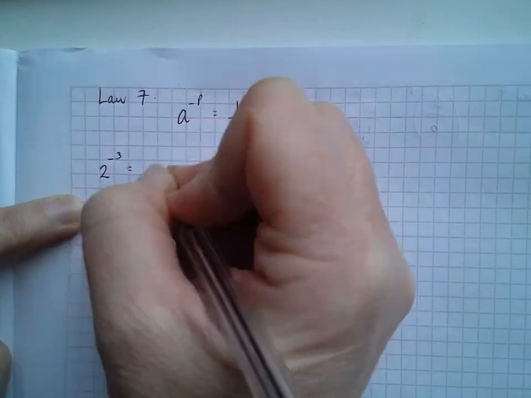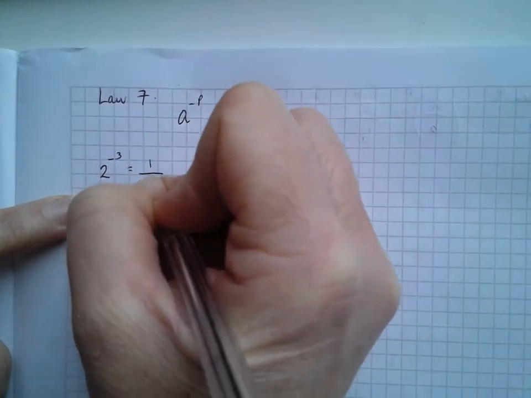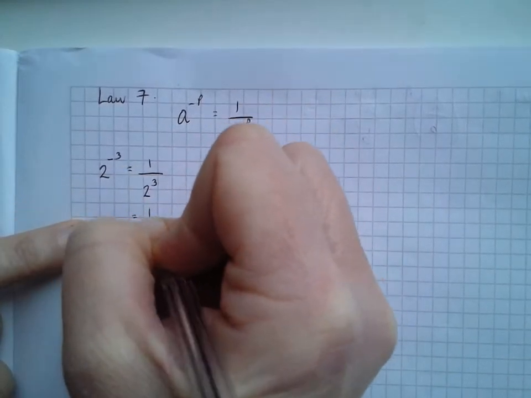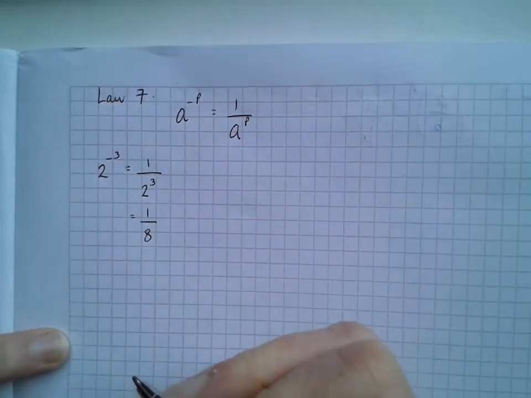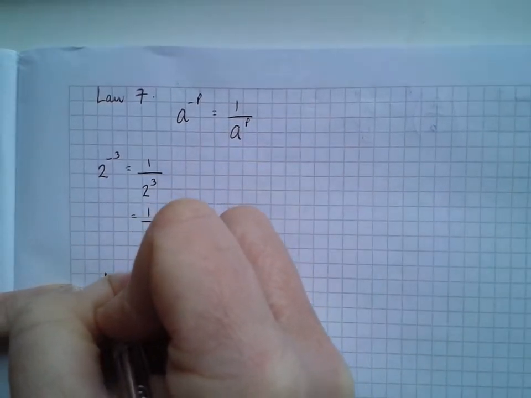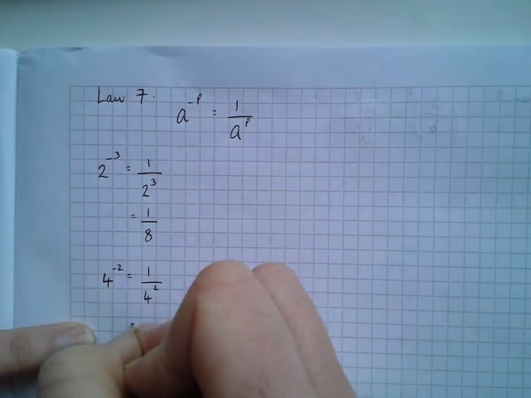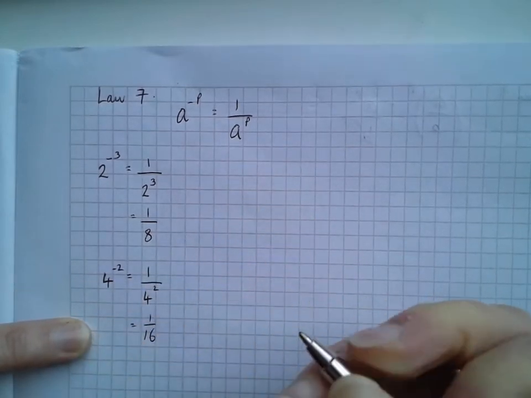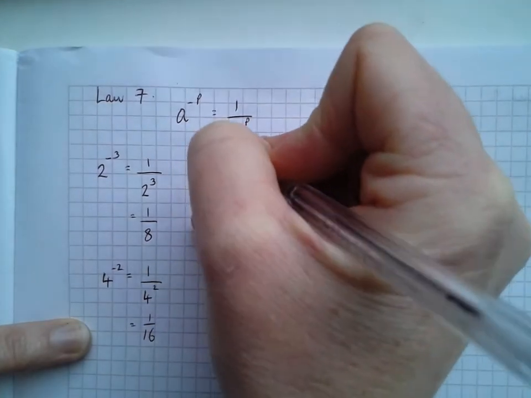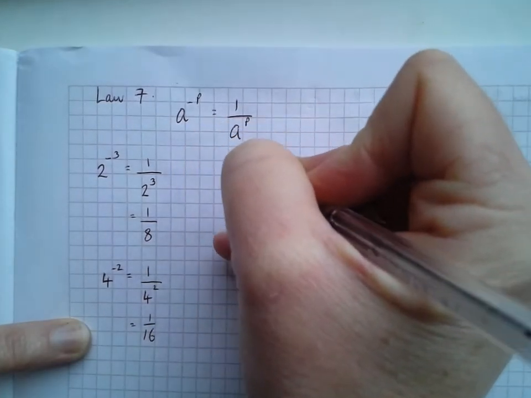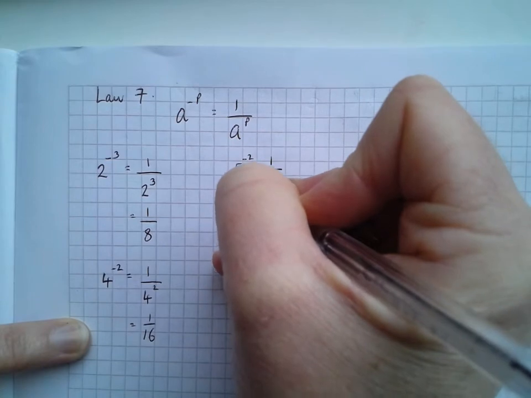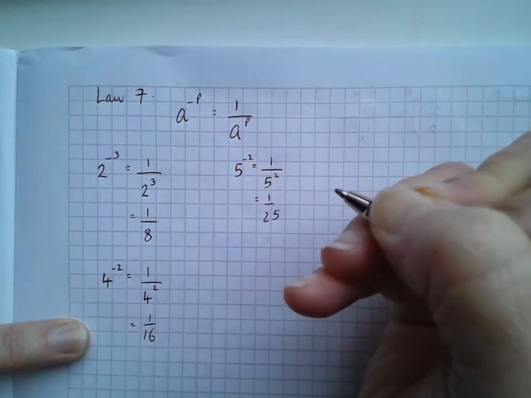That's 1 over 2 to the power of 3, which would be 1 over 8. 4 to the power of minus 2 would be 1 over 4 squared, which would be 1 over 16. 5 to the power of minus 2 would be 1 over 5 squared, which would be 1 over 25.